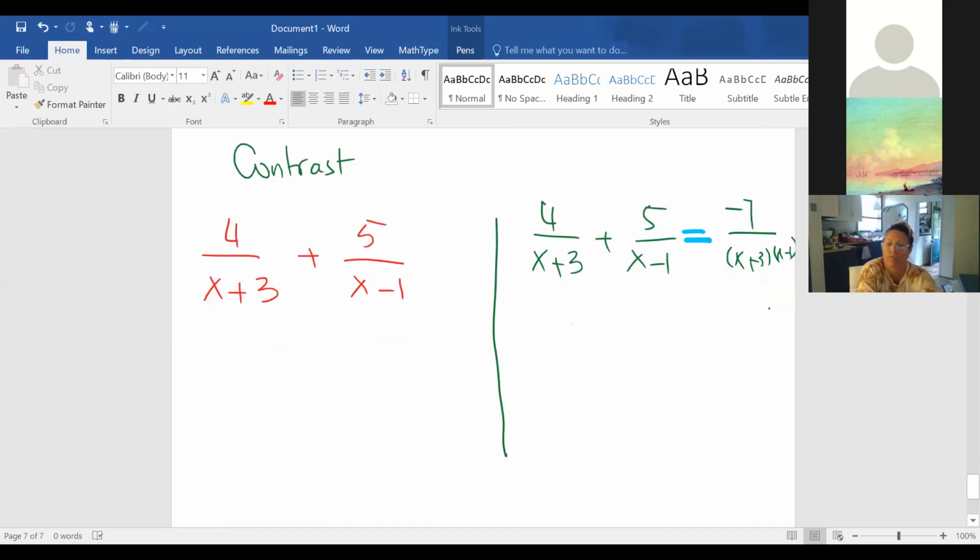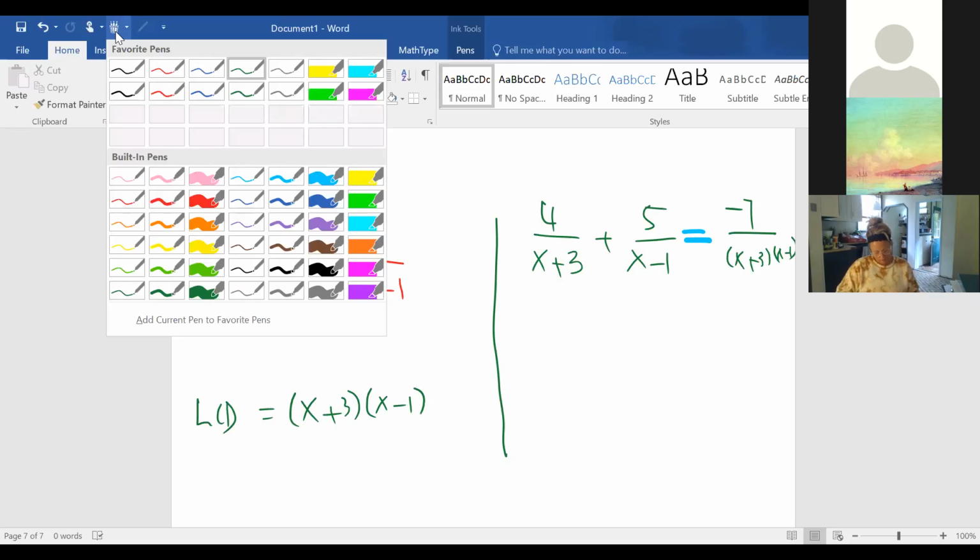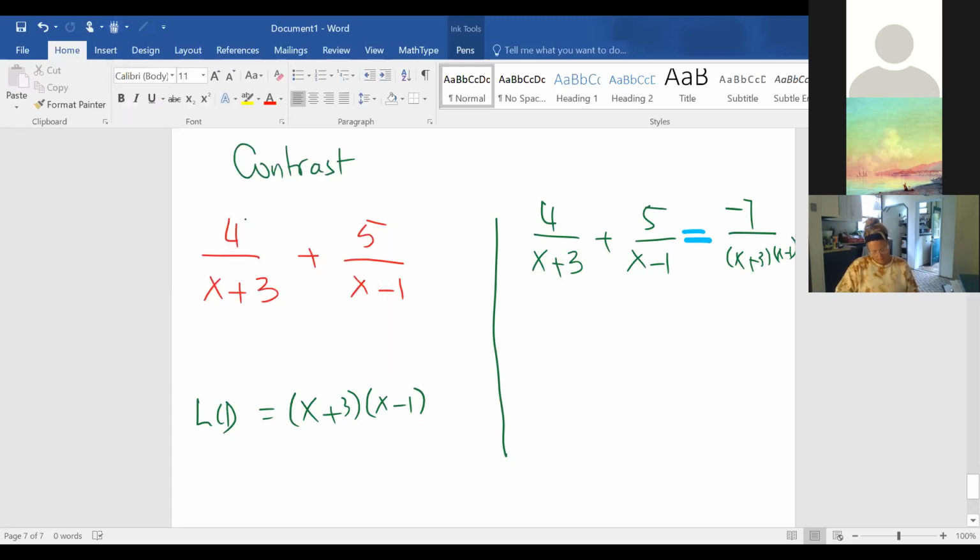Last week, look, last week the one on the left is just an expression, right? Not an equation. This is just an expression. What we learned last week to do, we have to find the LCD, right? The LCD is (x plus 3)(x minus 1). But after we get the LCD, what do we do? We have to make everybody become the LCD. Remember last week? We have to multiply this one by x minus 1, right?